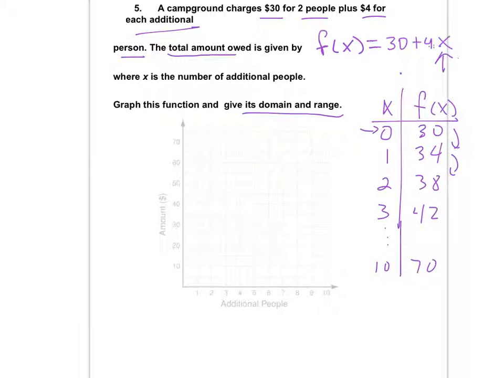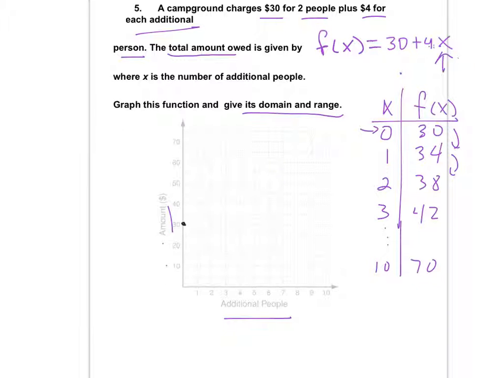Well, looking at the graph, these are additional people versus amount. Now notice it goes by 10, 20, 30, 40. So this means 0 here. So at 0 additional people, let me erase that real quick. It's going to cost $30. So we're starting right there.